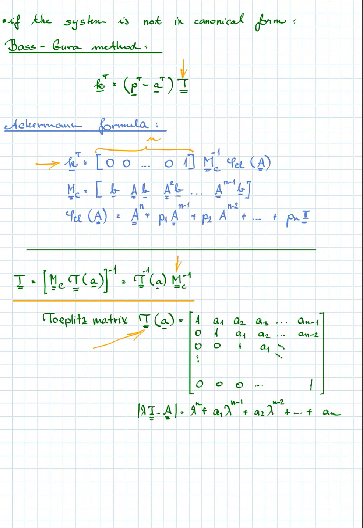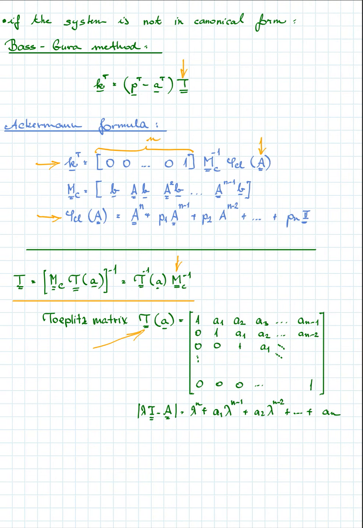It is multiplied by MC inverse, so the controllability matrix inverse we always again need. And then it is multiplied by the polynomial of the closed loop system, but the argument is not lambda here, but the matrix A. What does it mean? It's here.